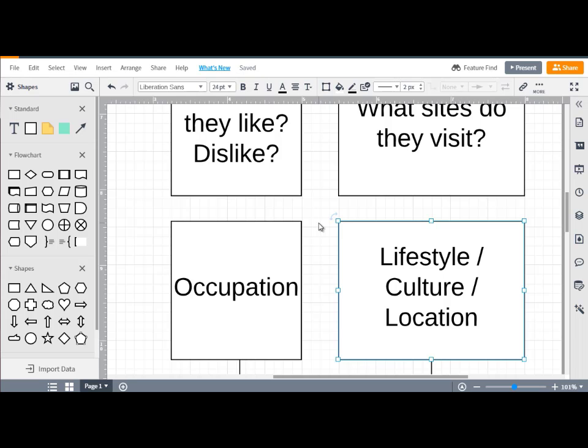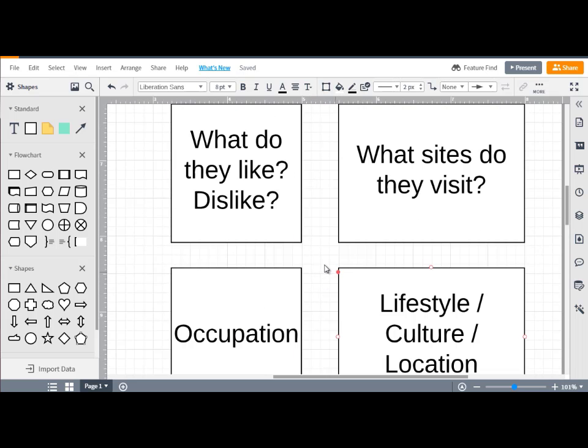You may not have 100%, but by imagining and getting the data of what their lifestyle looks like, you will better speak to that person. That person will feel like, wow, you're speaking directly to me, and your conversions will get better.